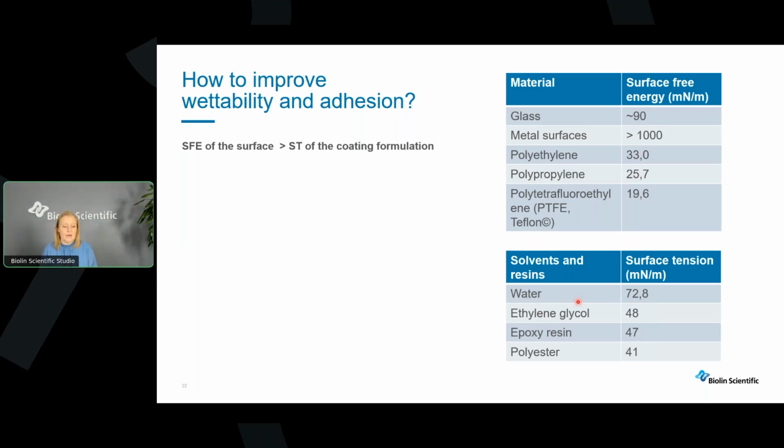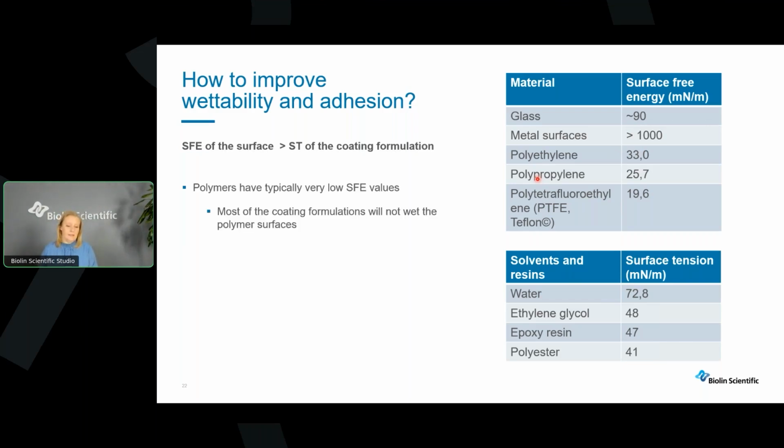If we think about the requirement that the surface free energy of the solid has to be higher than the surface tension of the coating formulation, then we can see here that in some cases this is true on a native surface, but especially for polymer surfaces, these often have way too low surface free energy values to accommodate liquid spreading on them.